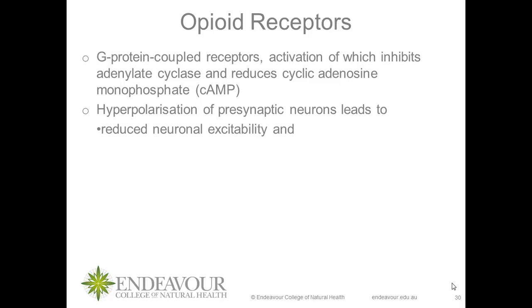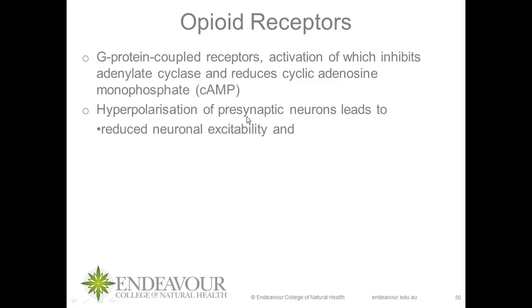We do know that opioid receptors are G protein coupled receptors. When you activate this receptor, this actually inhibits production of the enzyme that produces cyclic adenosine monophosphate, cyclic AMP. Recall that cyclic AMP is one of the second messengers often released when G protein coupled receptors are stimulated, but in this case we're reducing levels of cyclic AMP, and the response in the cell to those reduced levels of cyclic AMP is that the membrane becomes hyperpolarized.